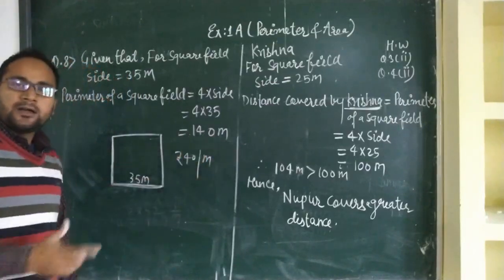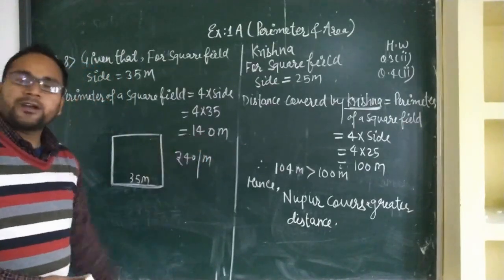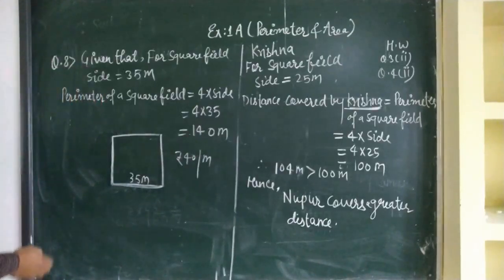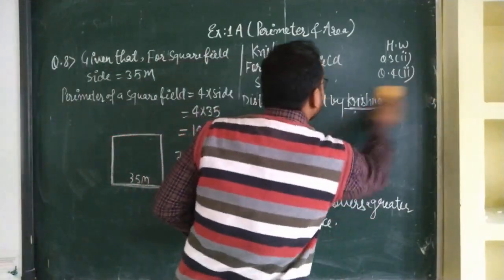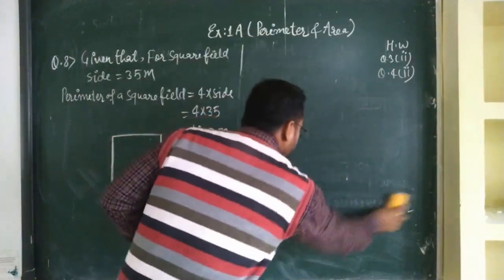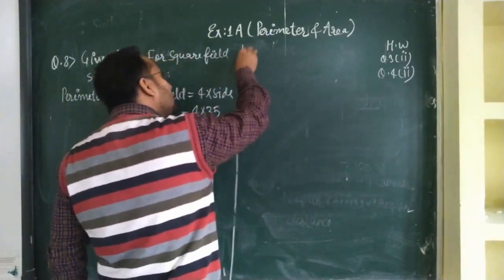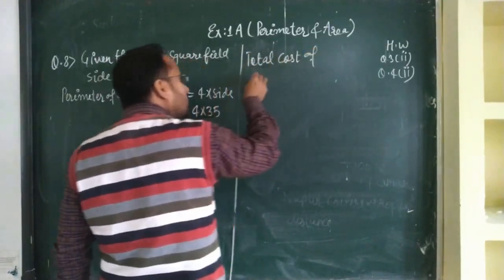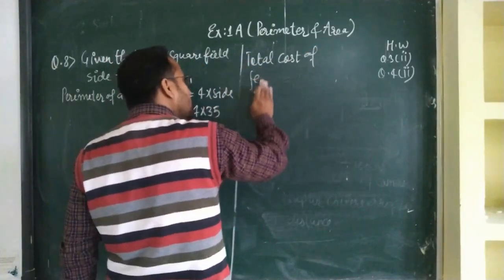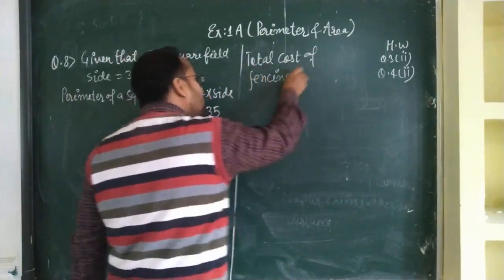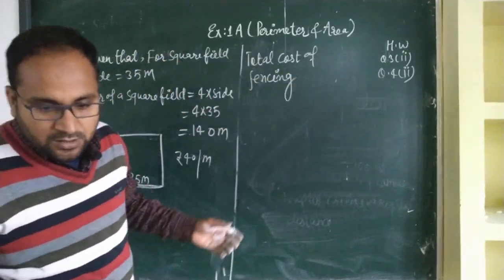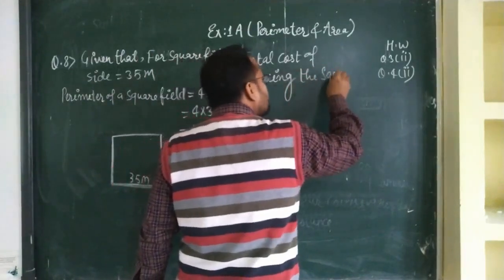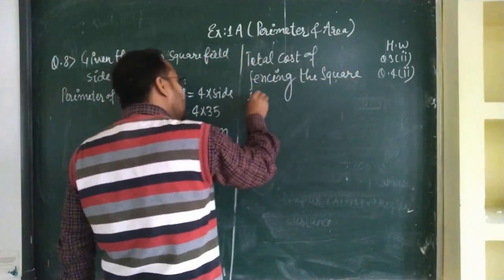The total length of this square field is 140 meter. So what is the total cost of fencing?